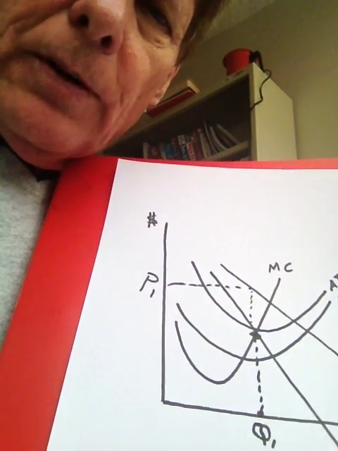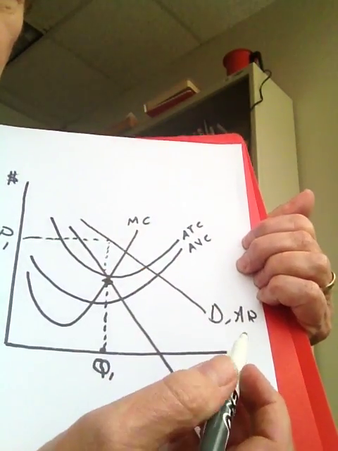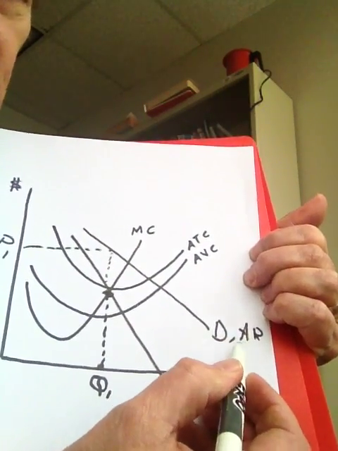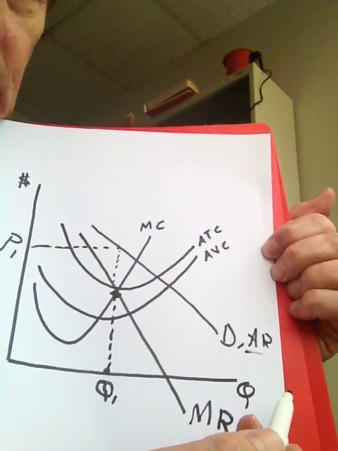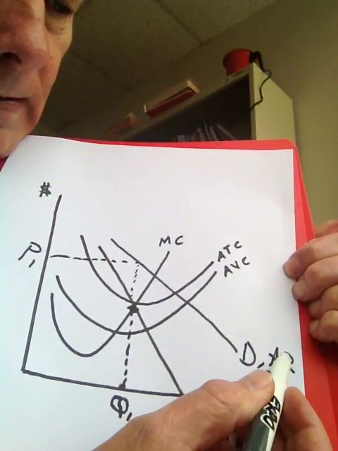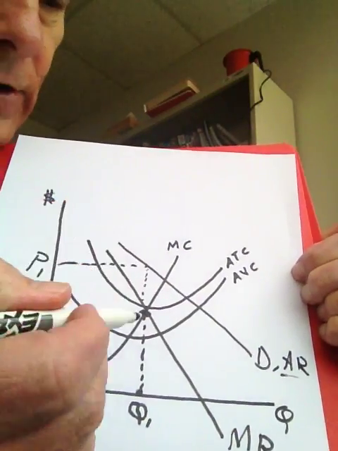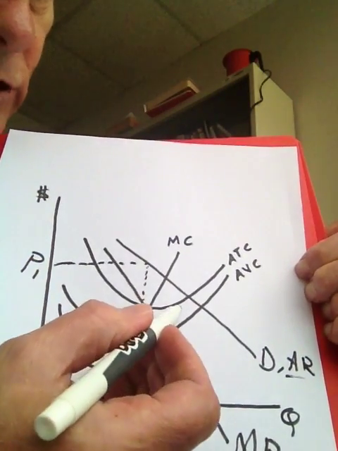Now, is the firm making a profit? In order to find that out, we compare the average revenue, that's average revenue right there, AR. Can you read that? I'm glad you can, because I can't. Of course, I'm trying to read it upside down. Average revenue, here's average revenue, and average total cost, here's average total cost.